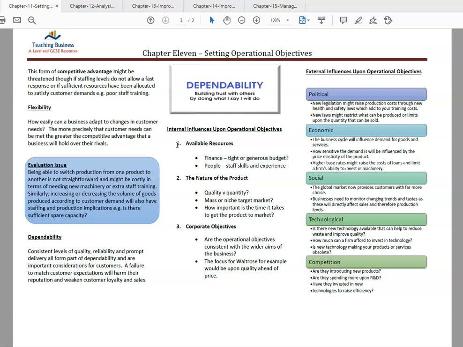It may be the type of product, so we looked at that in marketing. Depending on the product, we'll decide whether they are looking perhaps at quality or quantity, for example. And it will also be influenced by other broader objectives that have been set at a higher level. And then of course there are the external influences on the objectives for the operational department.